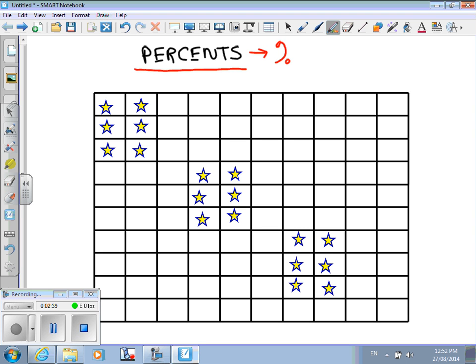Take a minute and decide what percentage this illustration would represent. If you count the stars, you'll see I've got groups of 6. I've got 3 groups of 6 for a total of 18 stars. So this would represent 18%. Let's get rid of those.